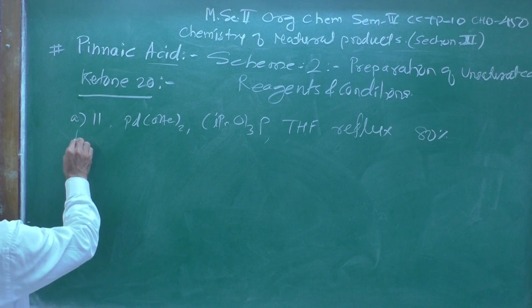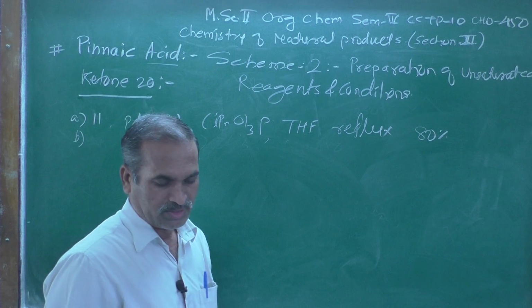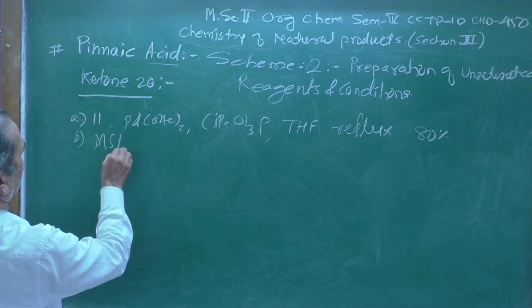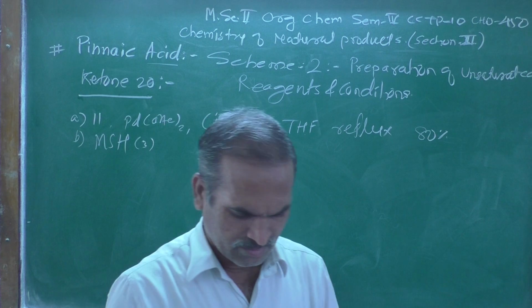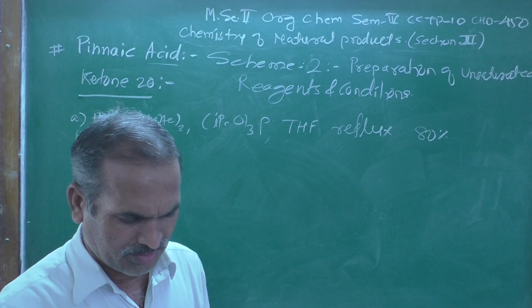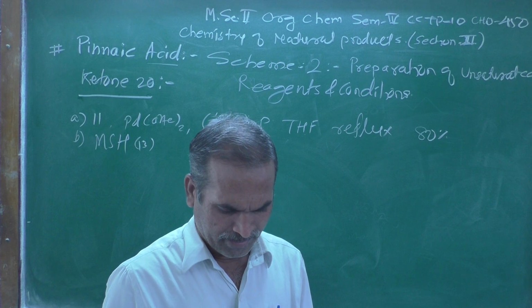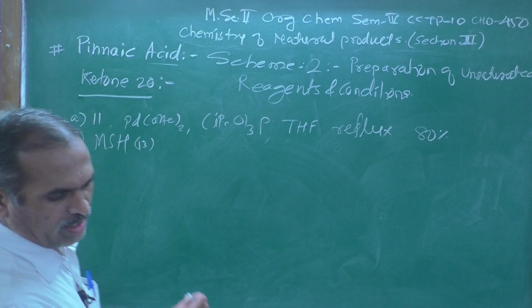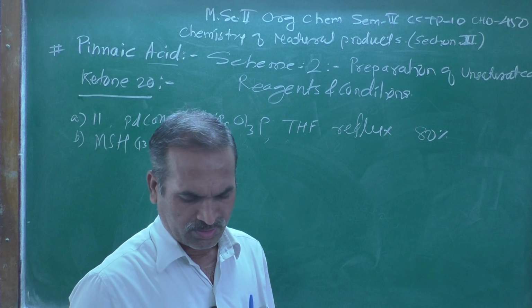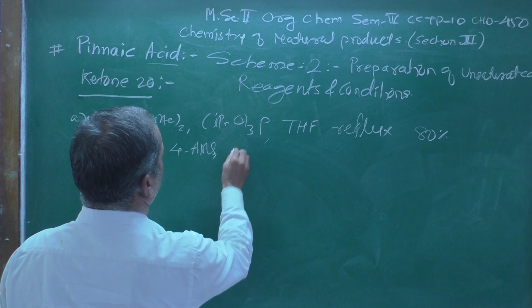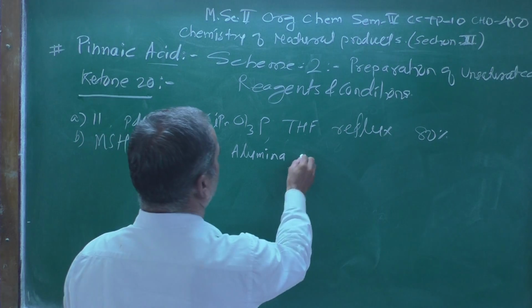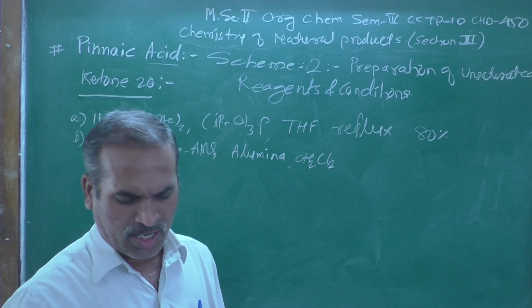Let us see the second reagent which they have utilized during this preparation, B: MSH 13, structure number 13, then 4Å MS, alumina. The solvent utilized was CH2Cl2, DCM, dichloromethane.